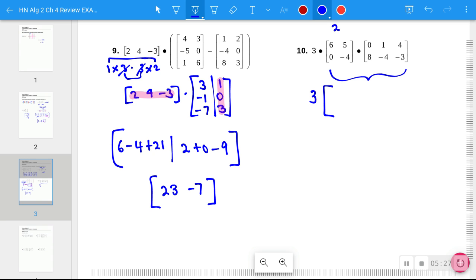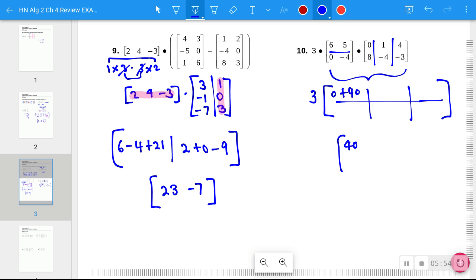You have to separate the rows like that, and separate the columns like so. And then the top row on the left-hand side, you have 6 times 0 and 5 times 8. So that's 0 and 40 added together. So we'll just put 40 there.